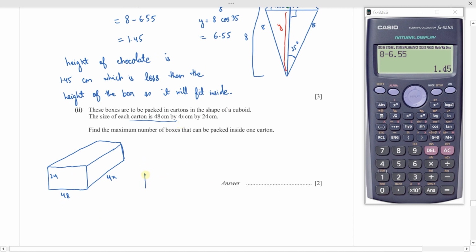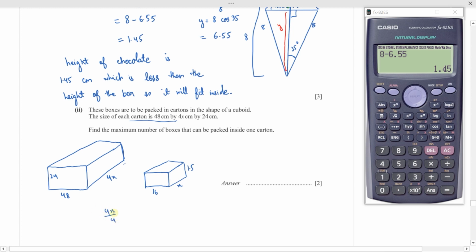So this small box has dimensions 16 and x here and 1.5 in this direction. So now if I place this small box inside, how many will fit along this length? So this length is 4x, this is x.